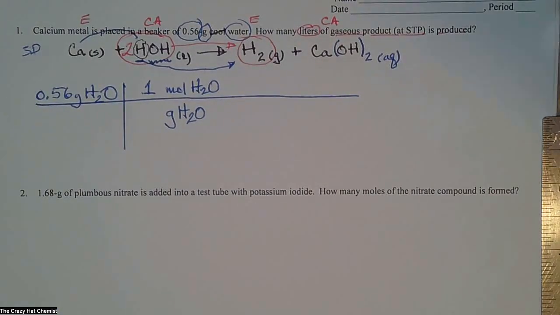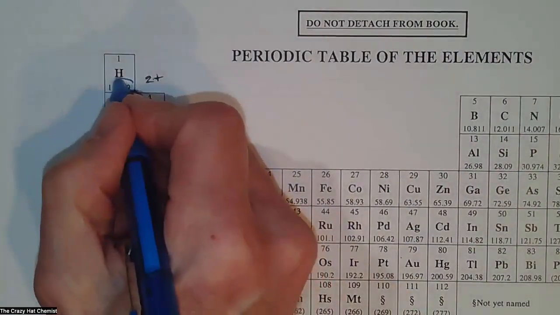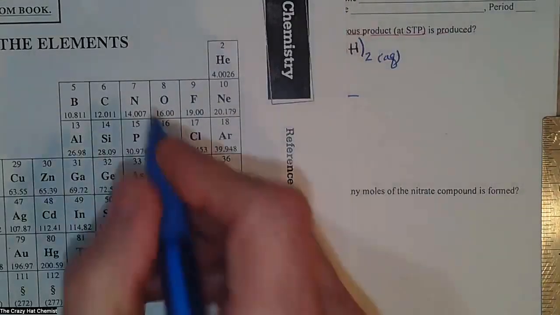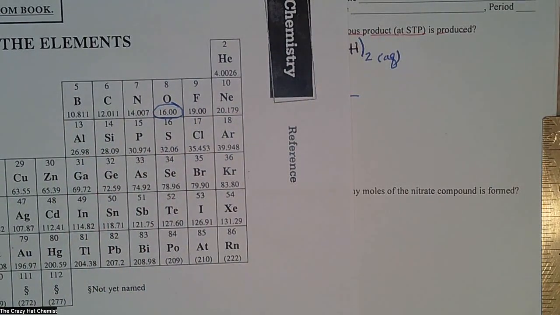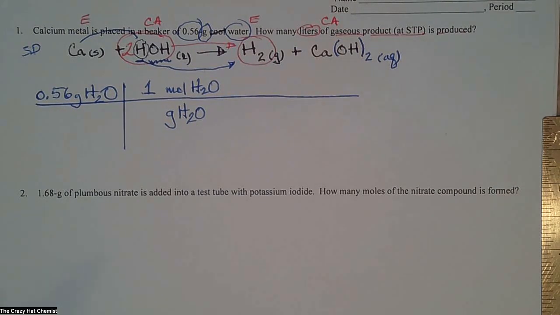So what I have to do is pull out my periodic table, and I am going to find hydrogen, and its molar mass is 1.0079. I'm going to multiply that by 2. And then I'm going to take the molar mass for oxygen, that's 16.00. I'm going to multiply that by 1. I'm going to sum up those 2 numbers, and then I'm going to round to the fewest number of decimal places.